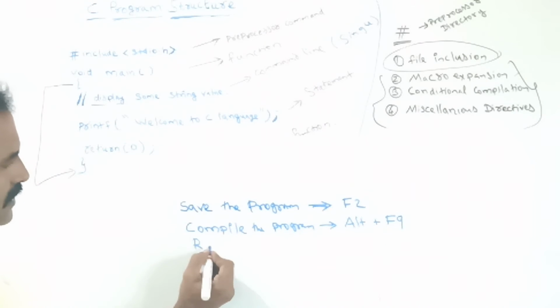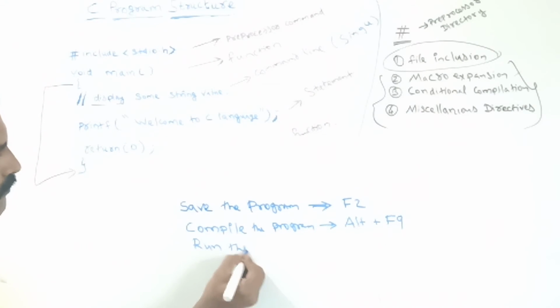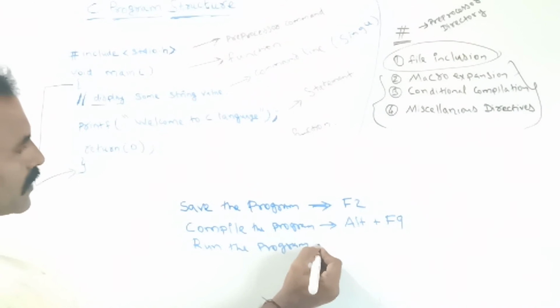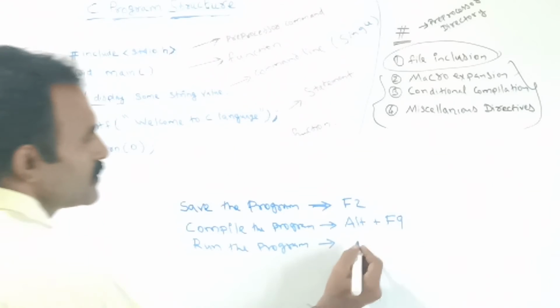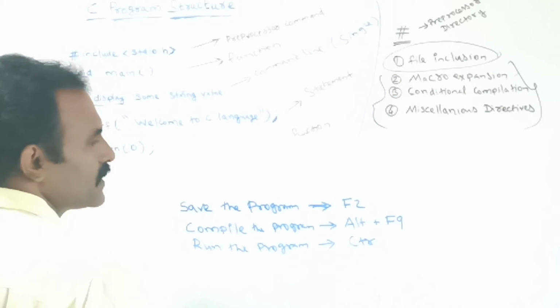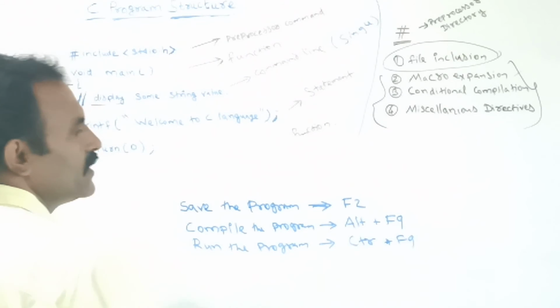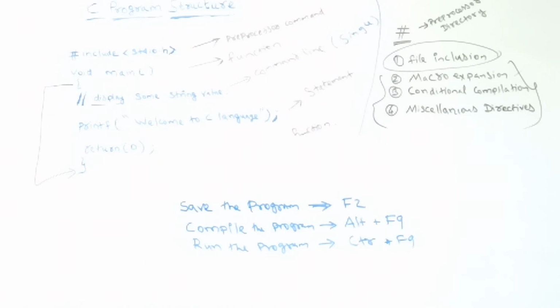Next, to run or execute the program, we can use the Control key. We should press the Control key plus F9. Control F9 is used to run the program.